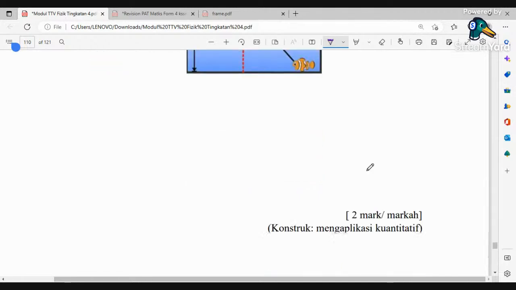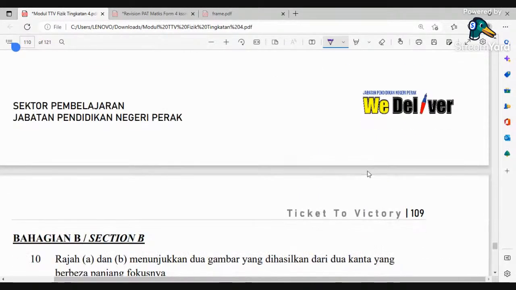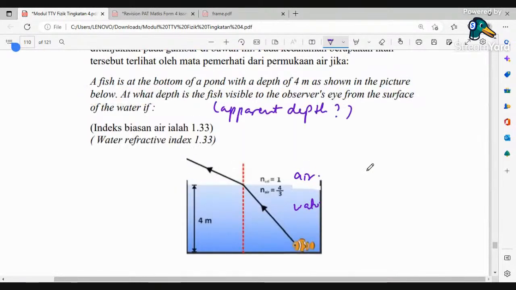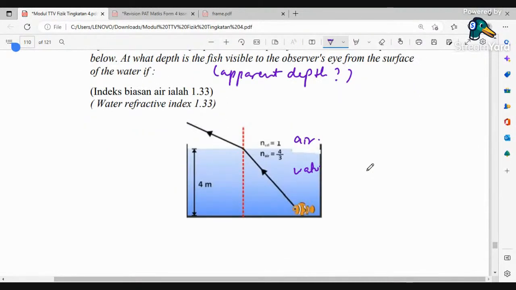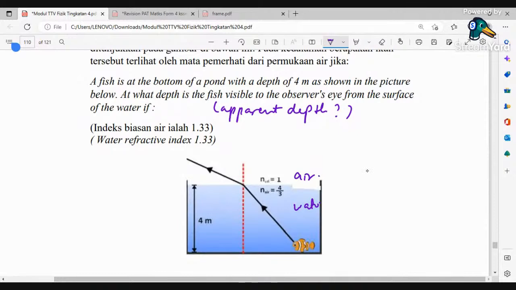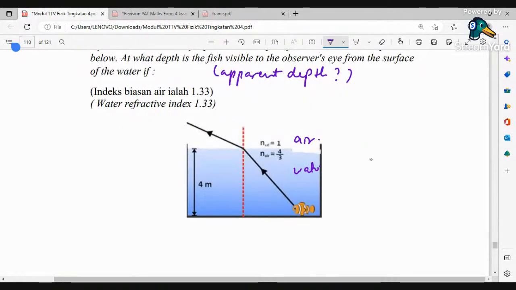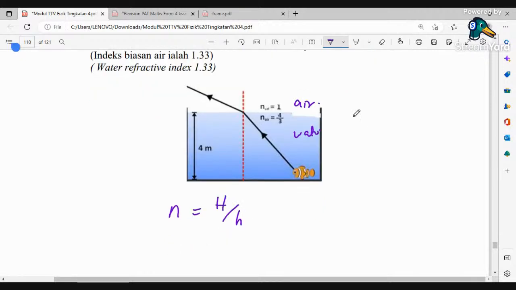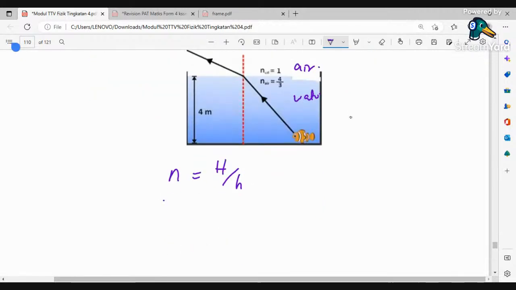Okay, refractive index given. Okay, what formula that we should use? Kita ada real depth, apparent depth. Okay, kita gunakan formula N equals to 1.33, so N equals to H divided by small h. 1.33 equals 4 divided by h.